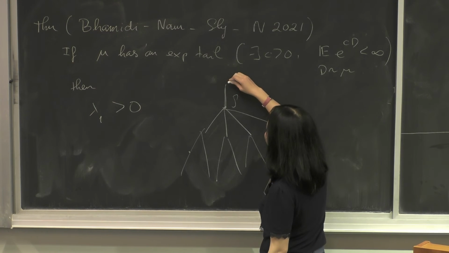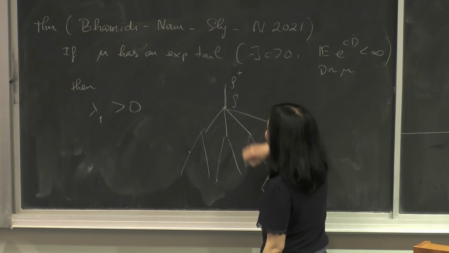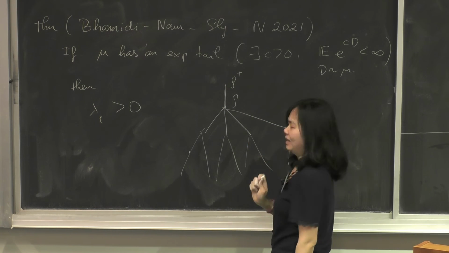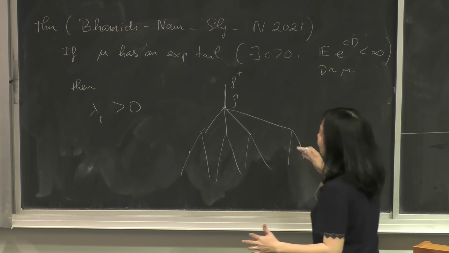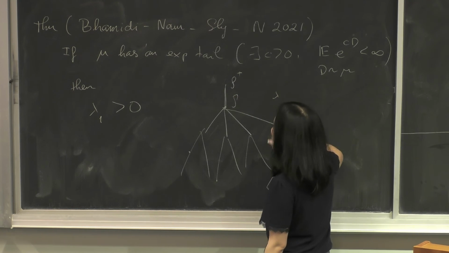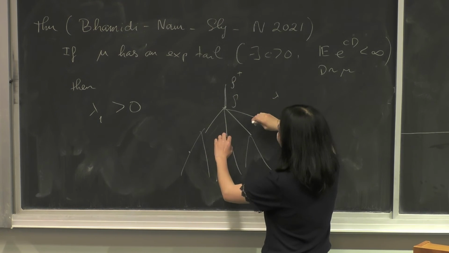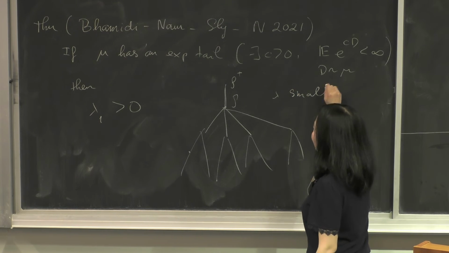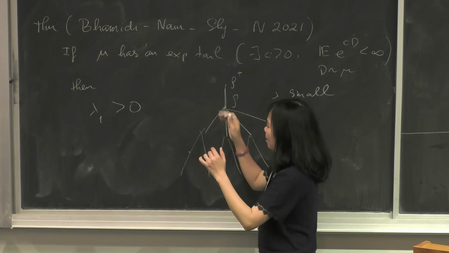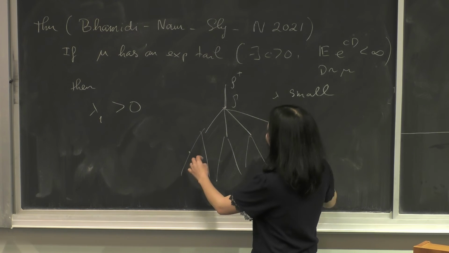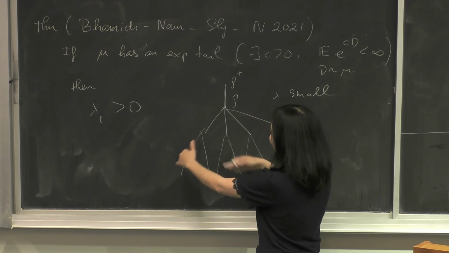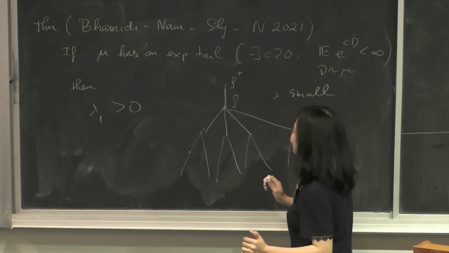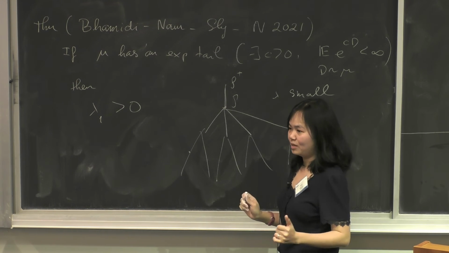So we introduced a new process where we add a grandparent here that is always infected. When lambda is sufficiently small, the excursion time of the process, meaning from when the root is infected until everything recovers, is more or less the same as the survival time of the process.